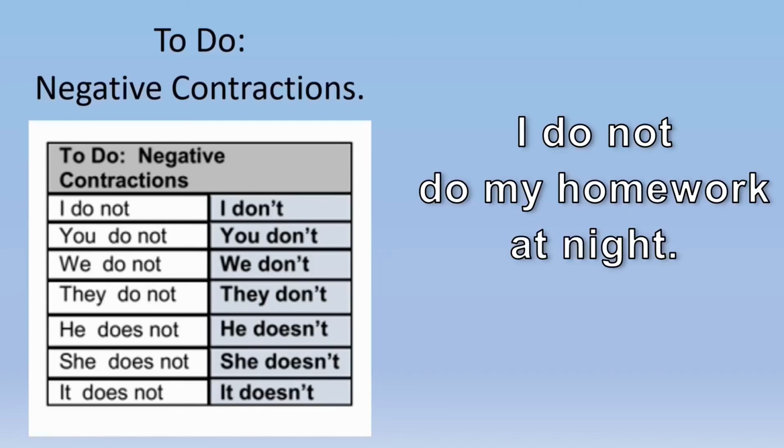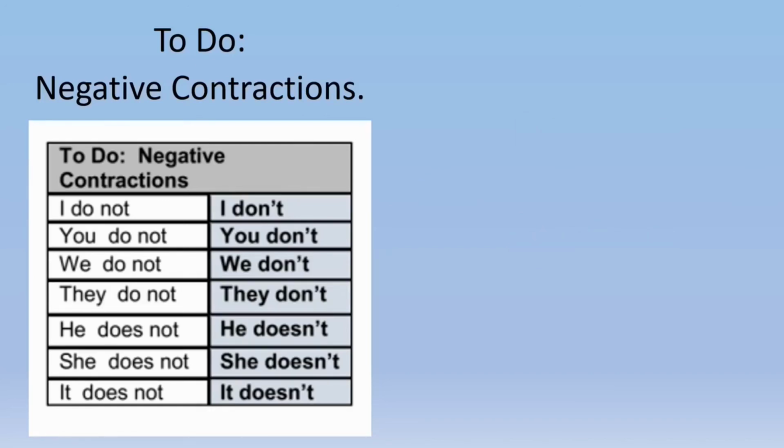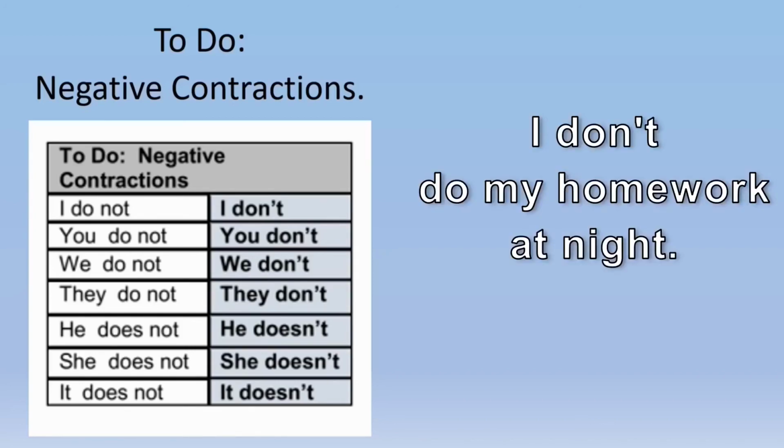Well, that sounds fine. There's nothing wrong with it, but it does sound very mechanical. It's much more comfortable to hear a contracted part of the verb to do. Something like this. I don't do my homework at night.